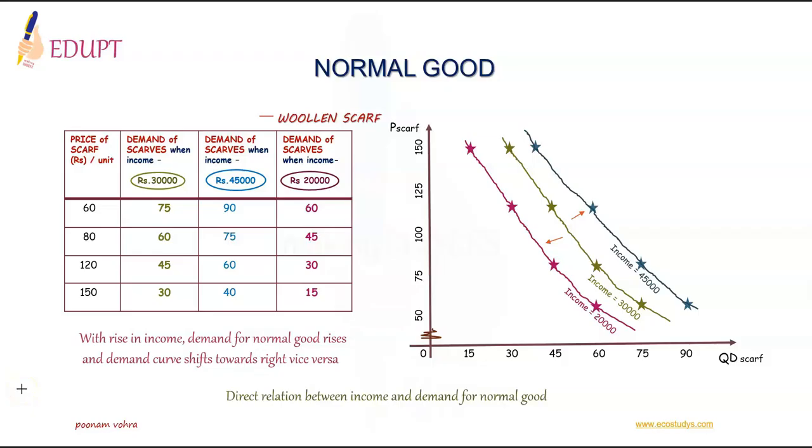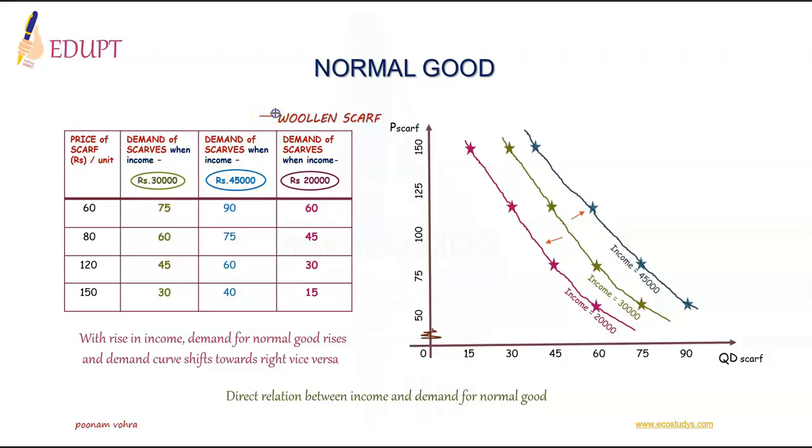Let us try to understand the impact of changes in income on the demand for normal good with the help of a numerical example as well as its diagrammatic presentation.